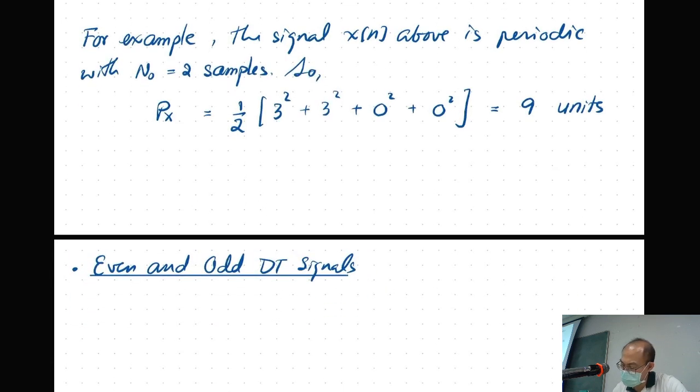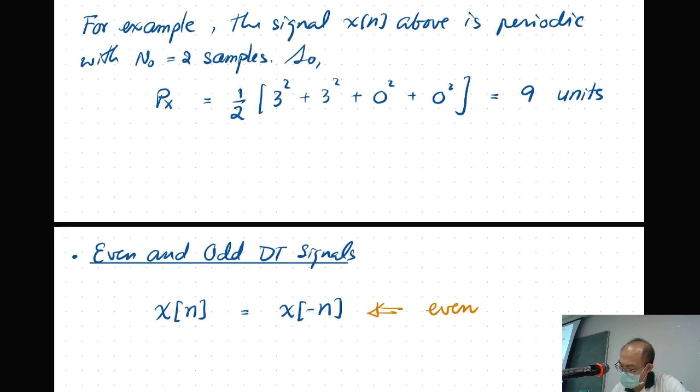Even signal means that it is symmetric about n equal to 0. So here, this is an even signal. What about odd? xn is equal to minus x minus n. This is odd.